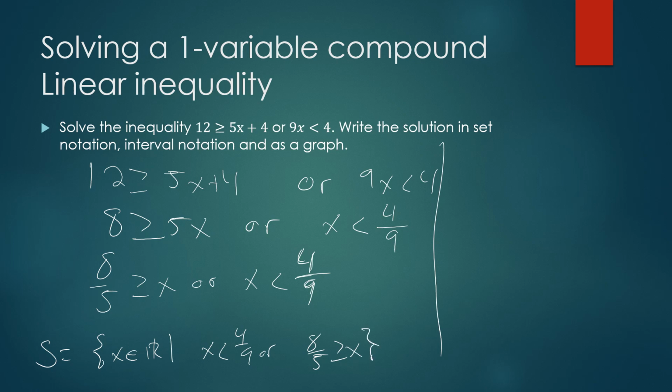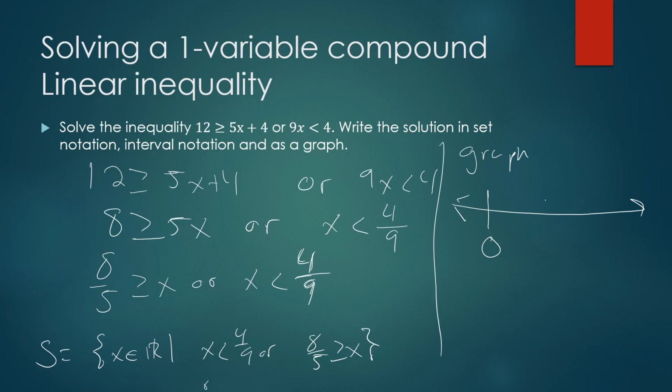Before I do interval notation, I'm actually going to do the graph first. Now they're both positive, so I'm going to put 0 over here. Now I want to figure out what the approximations are. 4 ninths is 0.4 repeating.